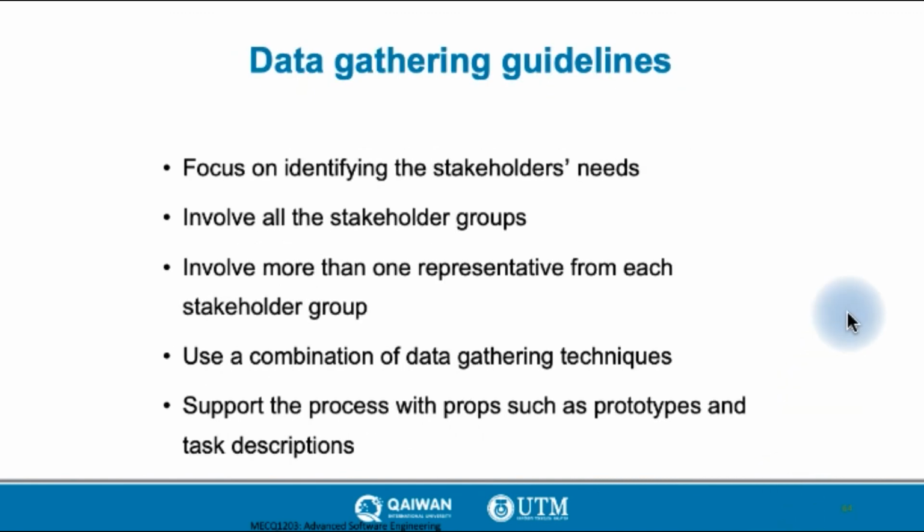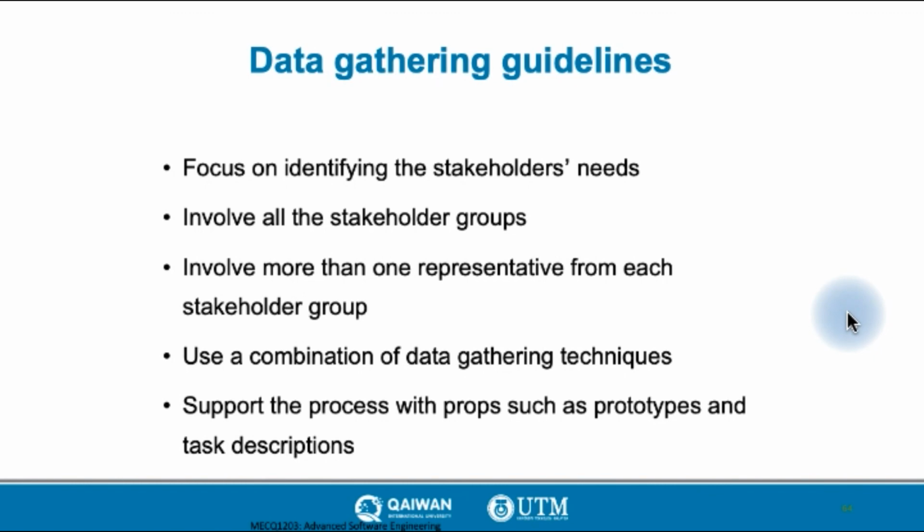So there is a guideline for when you do data gathering. As we said, when we develop applications, a website, or any product, we have to identify who the stakeholders are, because when we want to sell our systems or applications, we want to sell to big companies that can use them to serve their users as well.